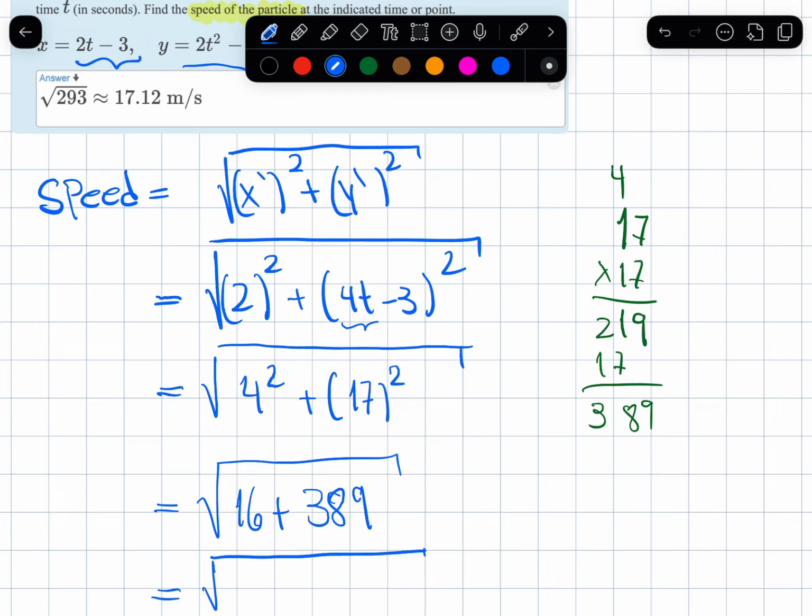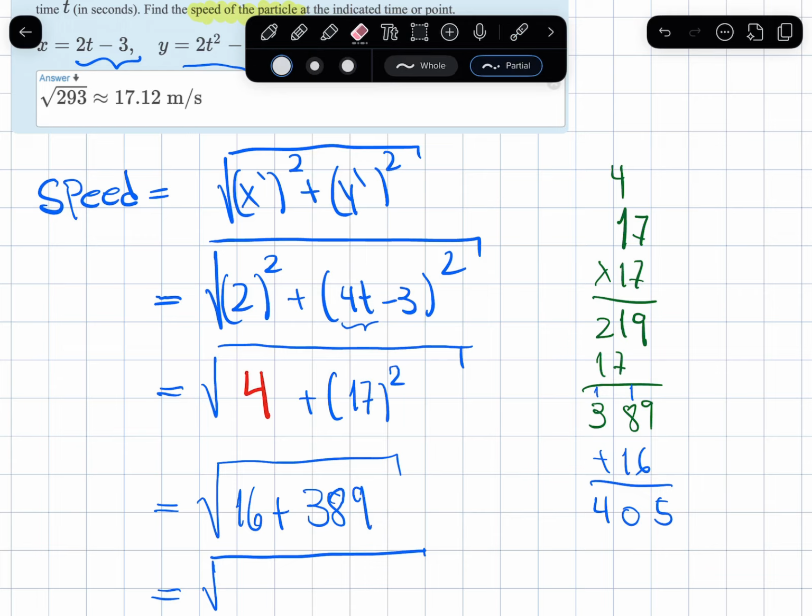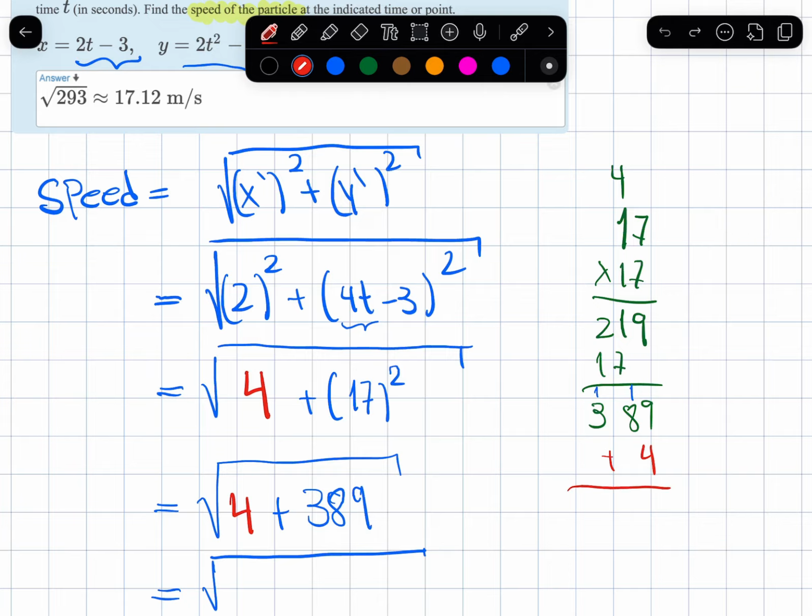So I'm doing 389 plus 16 right here. Sorry, this is wrong, because 2 squared is 4. So it's not plus 16, it's plus 4 only. So this is plus 4. So I end up with 393.